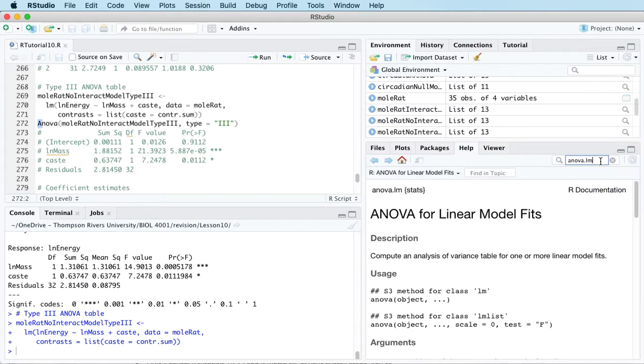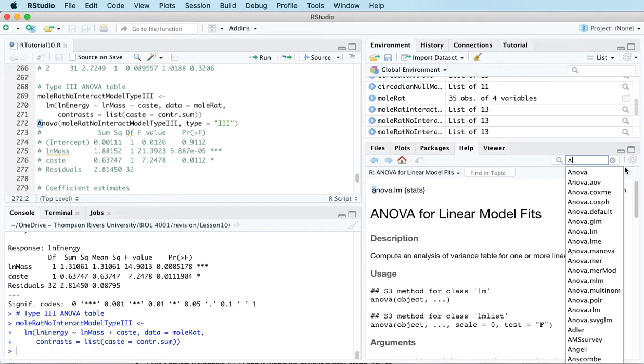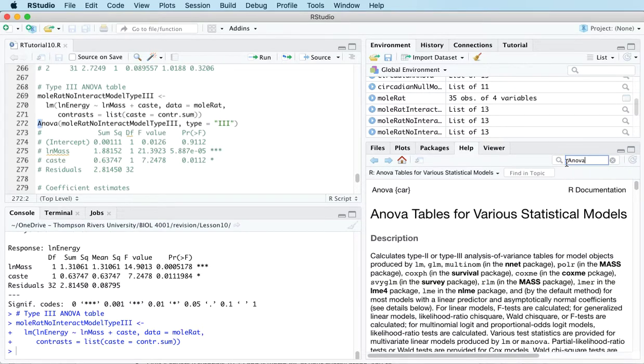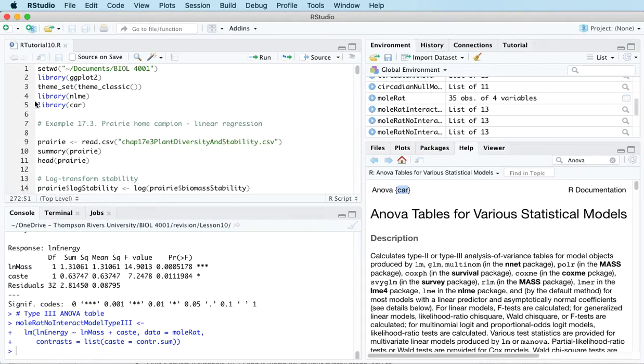Here's the regular ANOVA function, and you see it's spelled with a lowercase a. But if I type ANOVA with a capital A, this is coming from a different package. It's the car package. So right at the beginning here, I had to make sure I loaded the car package.